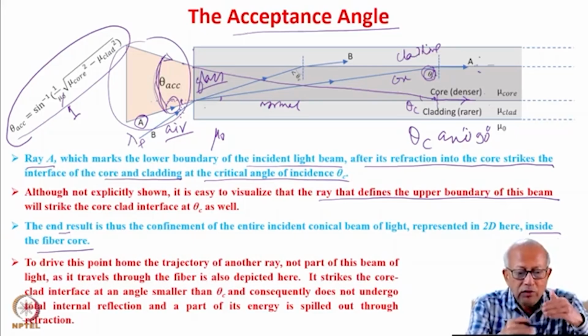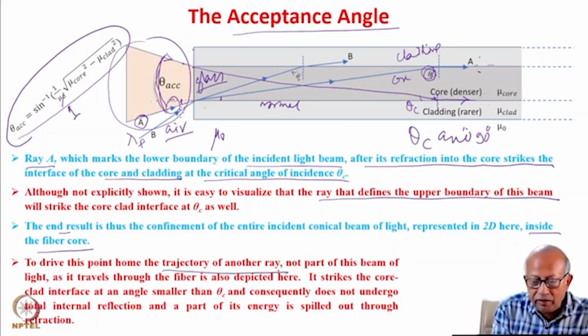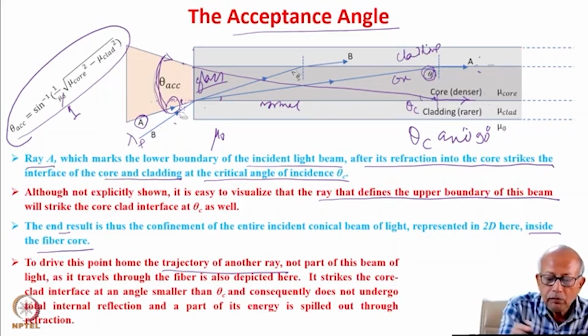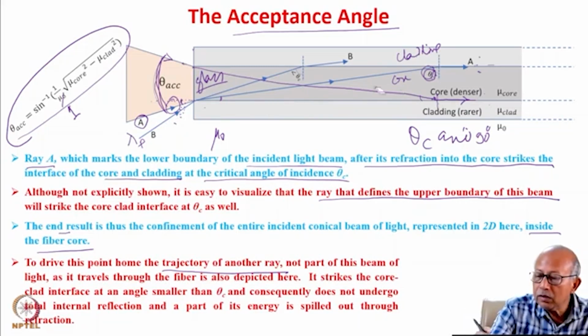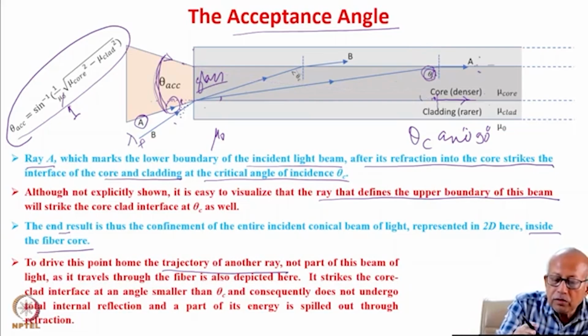In order to drive this point home, the trajectory of another ray, which is B, is shown here.